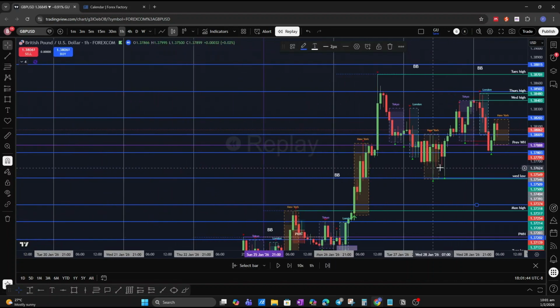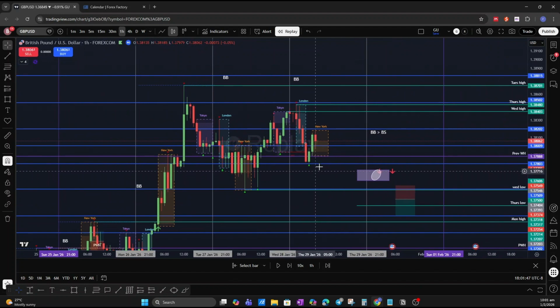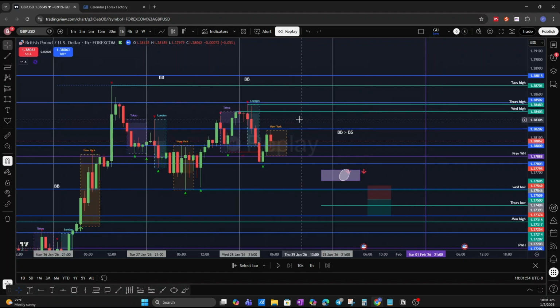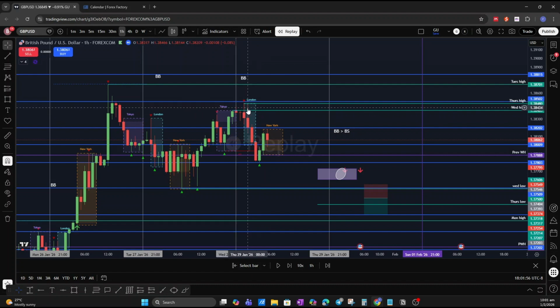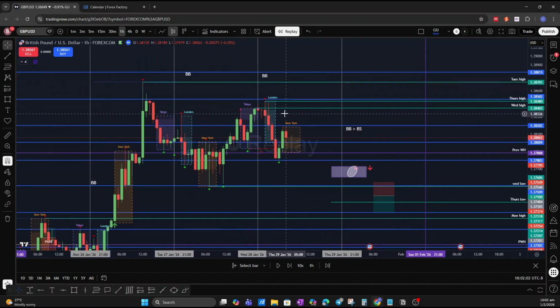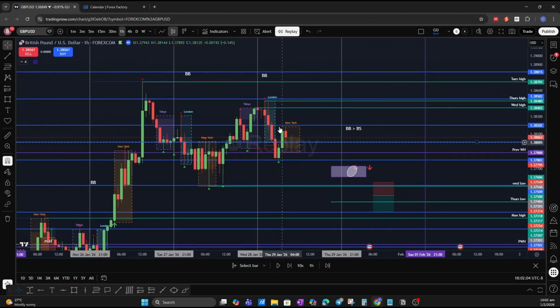So there was a rejection at previous daily high, this Wednesday's high right here, but there's no reaction, or rather the bias is buy, so I'm looking for buys. That's number one. Number two is showing some bearish rejection, right? Bearish movement, bear candles, but I'm just looking for buys.